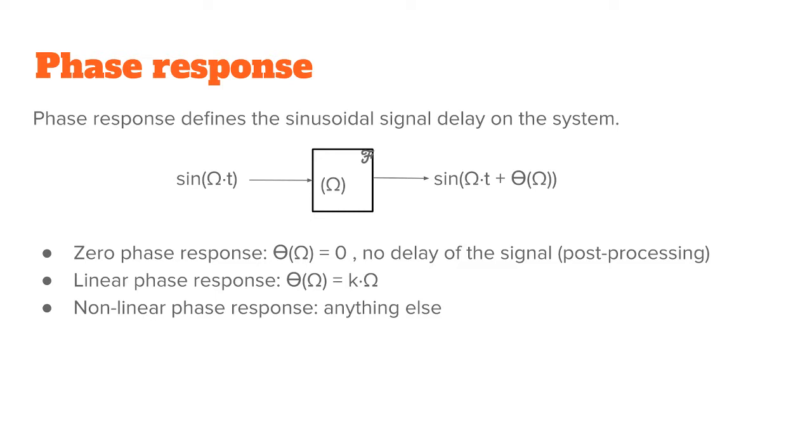So if we have a linear phase shift system, so we have the sinusoid of omega t going into a system. I'll mark it now. It's an analog system. It helps me thinking.